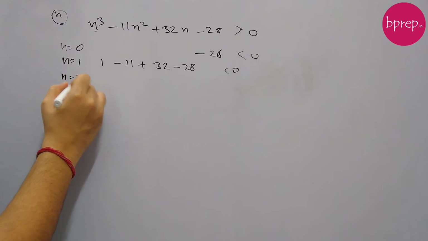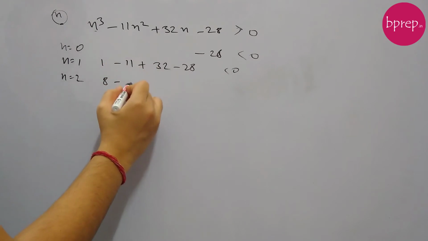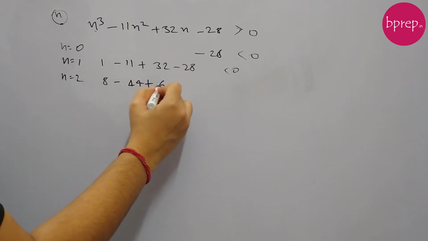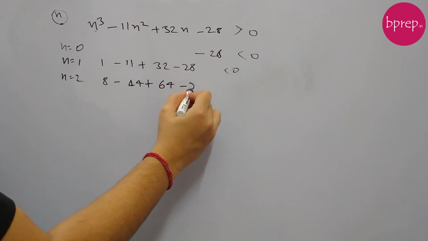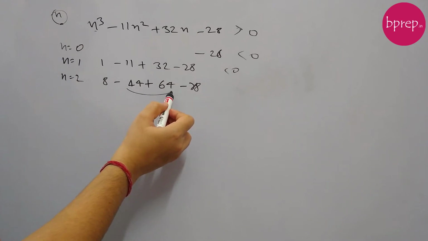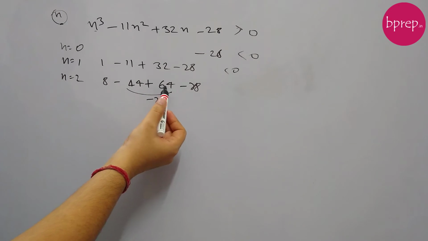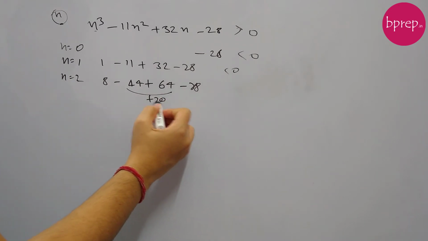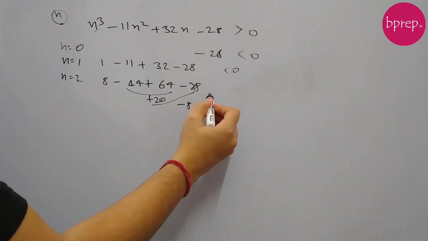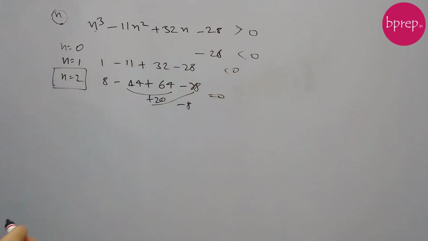When n equals 2, we'll have 8 minus 44 plus 64 minus 28. So minus 44 and plus 64 is plus 20, and 20 minus 28 is minus 8, and minus 8 and 8 is 0. So for n equals 2, the value of this expression is 0.